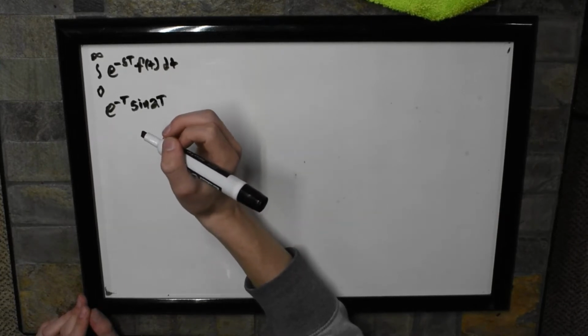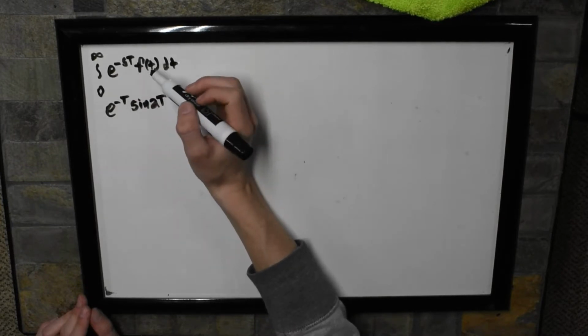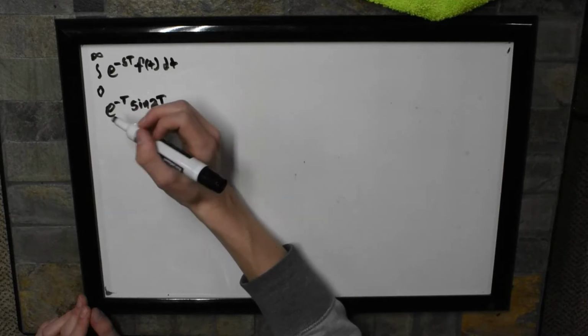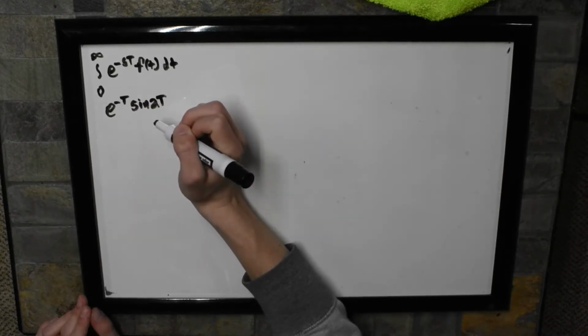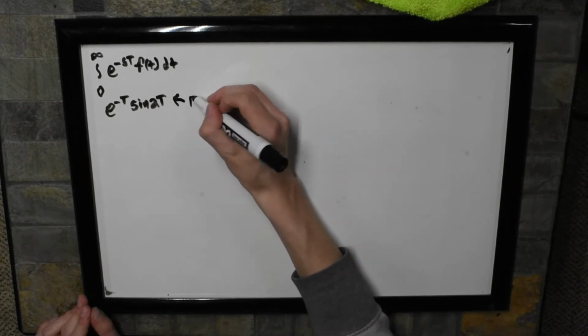Alright, so first thing we want to do is multiply e to the negative st by our function. And our function here is just e to the negative t sine 2t. And I guess I'll label this as an example.